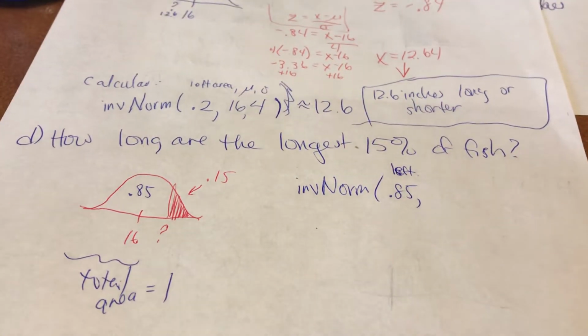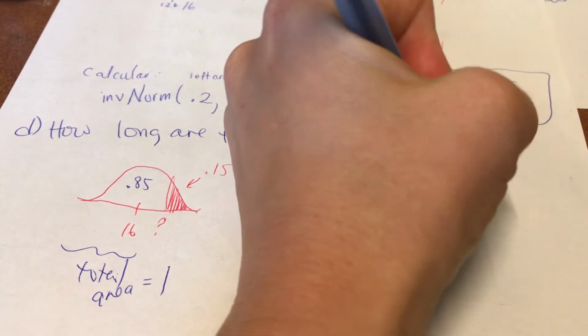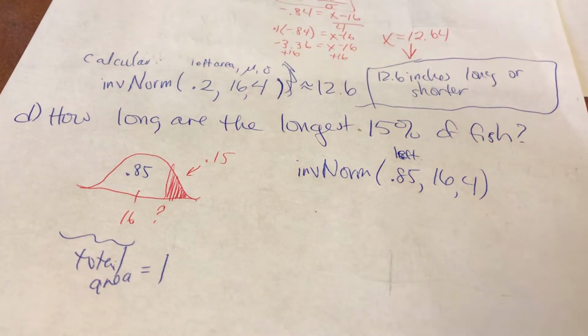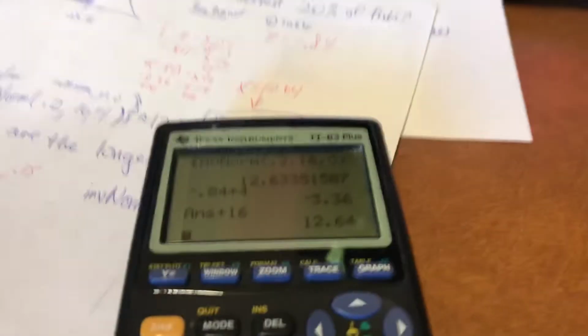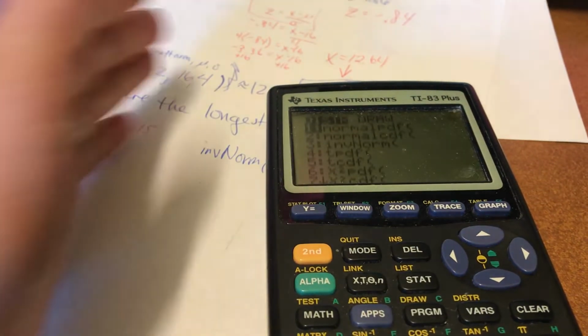So we don't always give it the percent we were given. We have to find the left. And our mean is still 16, and our standard deviation is still 4. So I'm going to go to my calculator. There it is, again, second distributions.